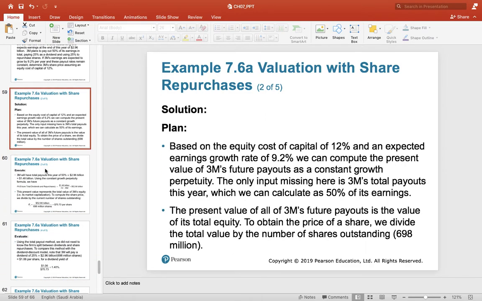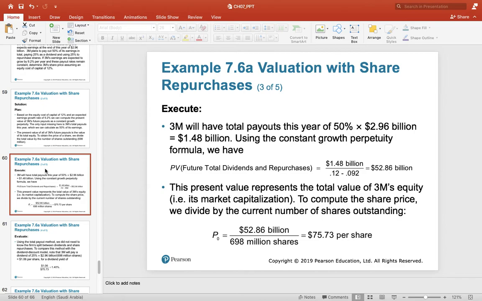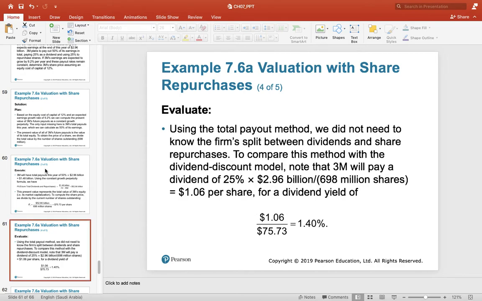You see, we calculated the price for 3M, 75.73. Then we calculated the dividend growth. How? 25% dividend, 25% buyback. So the 25% dividend comes to 1.06 per share. 1.06 divided by the share price is equal to a 1.4% dividend yield.